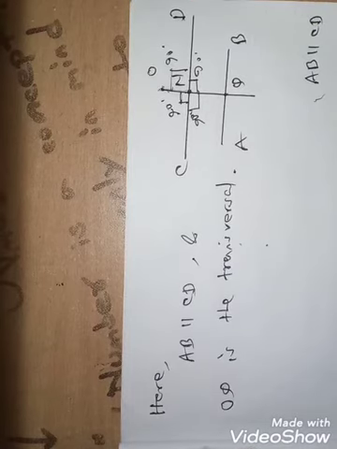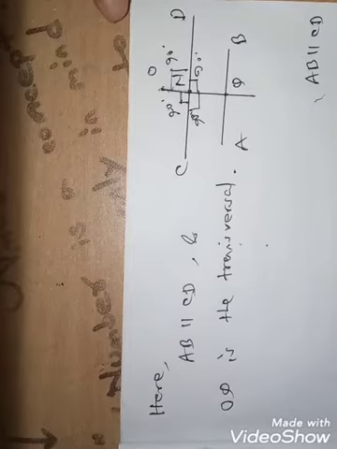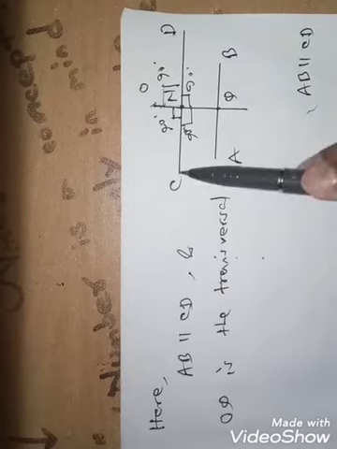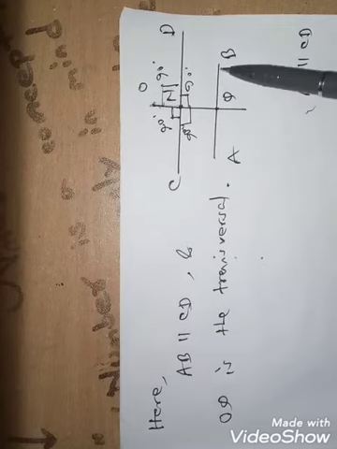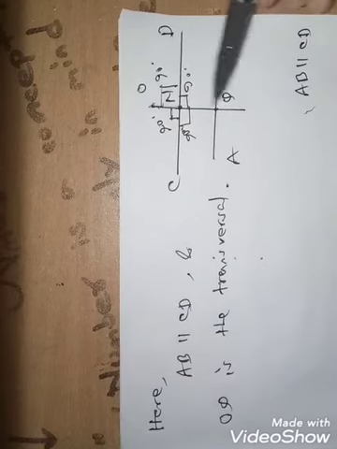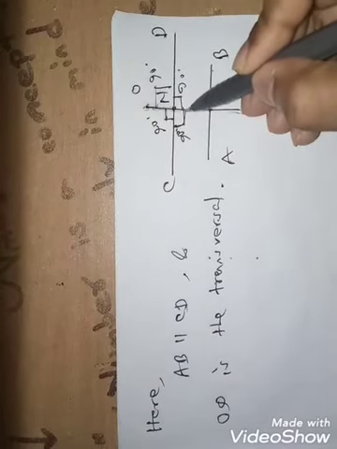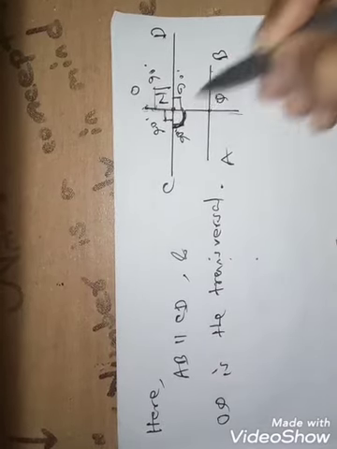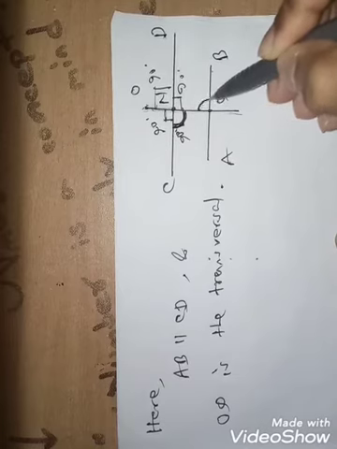Now, at the beginning of the class, I discussed some key points, and there we showed the mutual alternate angles. This chord, this line and this line are parallel to each other, and this one is the transversal. So we can say this angle is equal to its alternate angle.